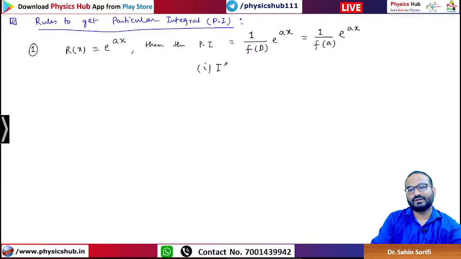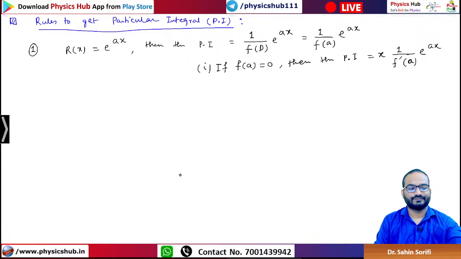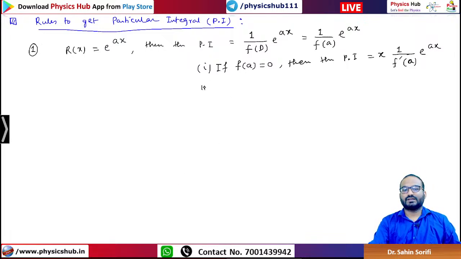So if f(a) = 0, then the particular integral will be, you just multiply with x and take the derivative: x · 1/f'(a) e^(ax). Now what if this f'(a) also becomes 0?